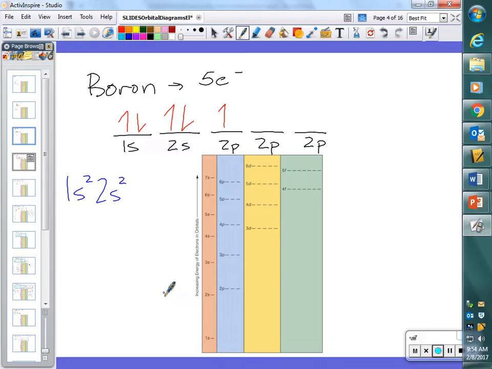When we have multiple orbitals that have the same energy, in an electron configuration we don't show them separately. So in this case we're just going to write 2p, and then how many total electrons are in 2p orbitals at this point? Just one. Okay, that's fine. Now let's talk about carbon.